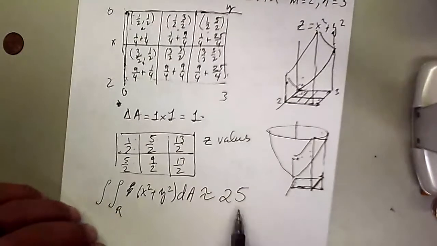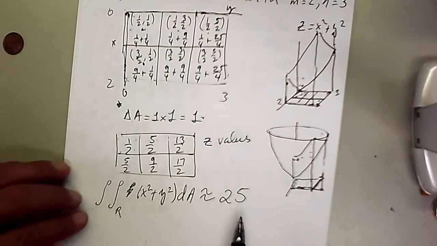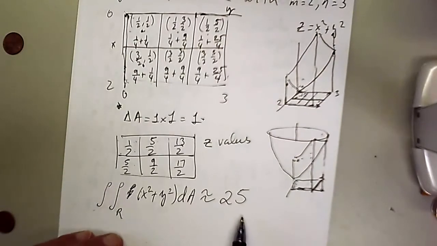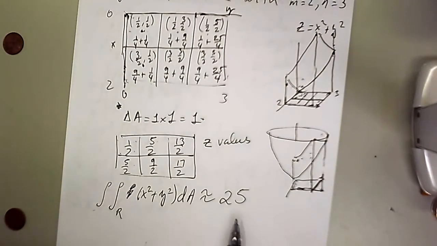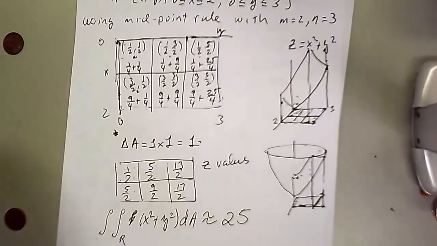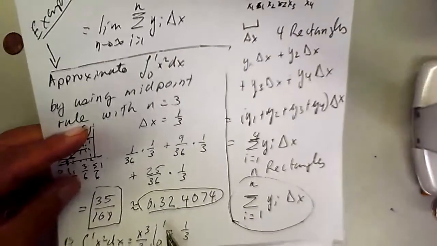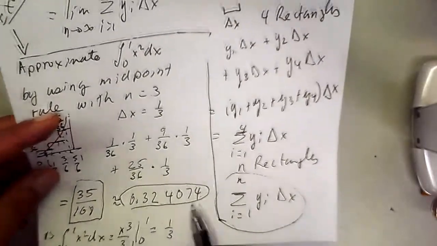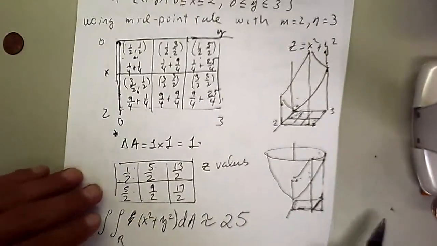In our approximation, we got 25. Boy, this is almost weird, creepy, that we are getting exact, whole numbers. Usually we get things like 0.32, decimals.